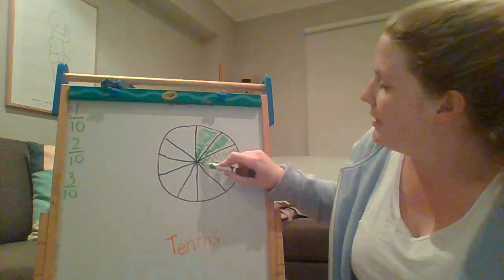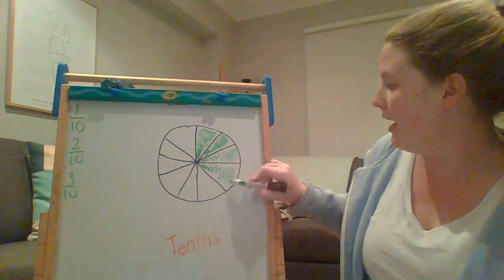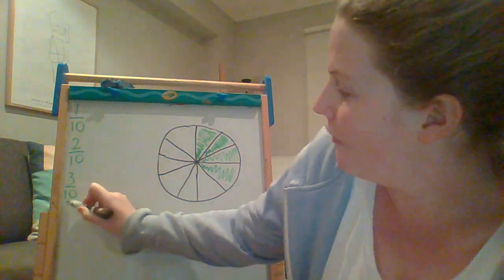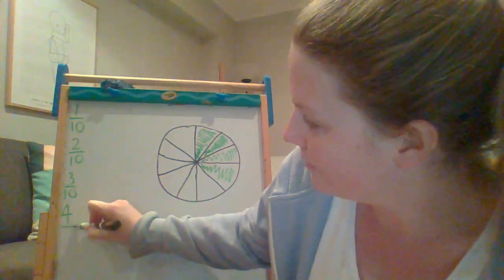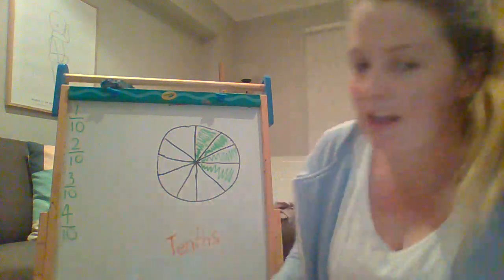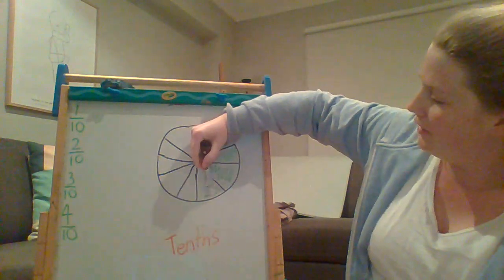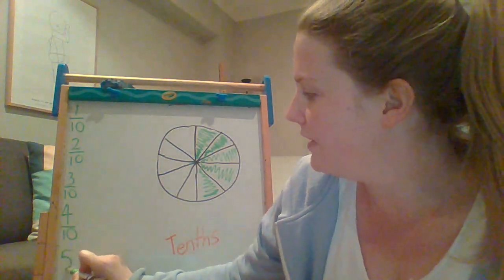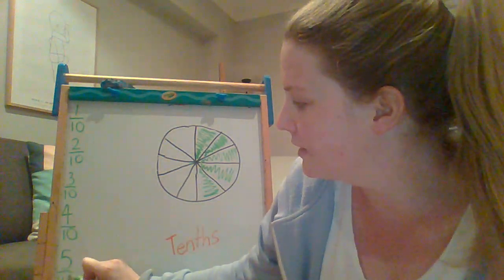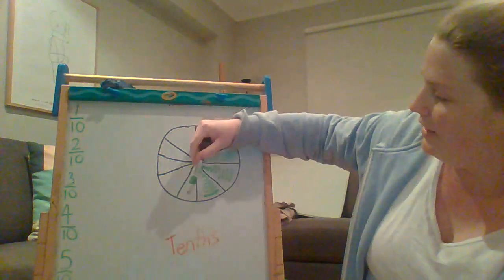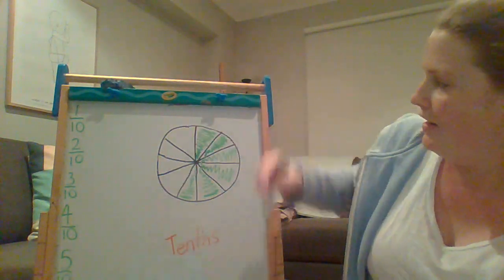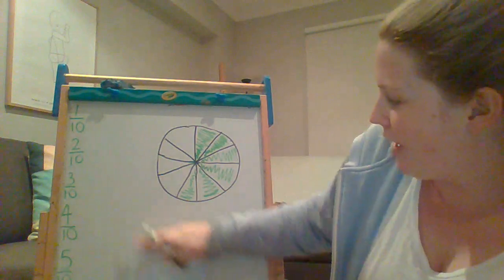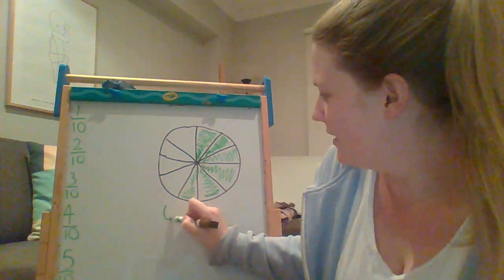If I then ate 4 pieces of the pie, it would be 4/10. If I ate 5 pieces, it would be 5/10. If I ate 6 pieces, it would be 6/10.